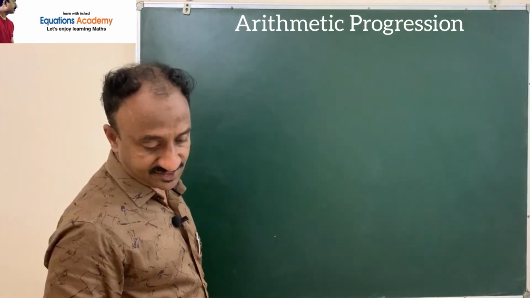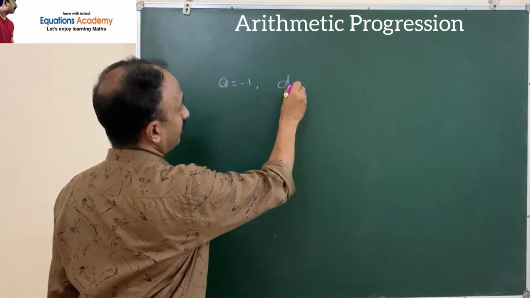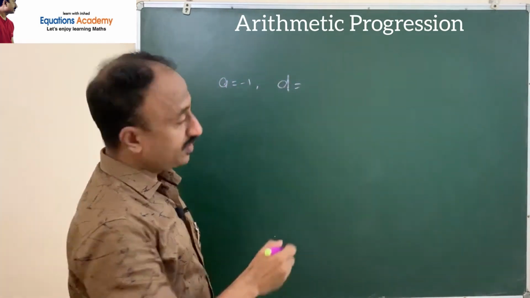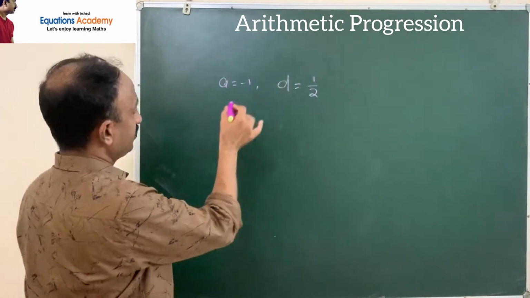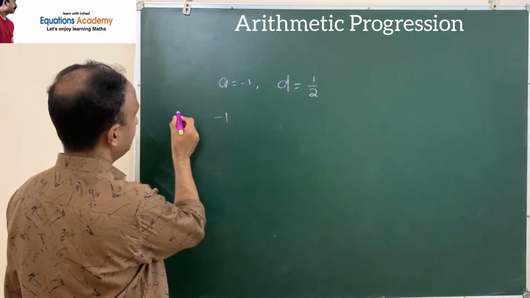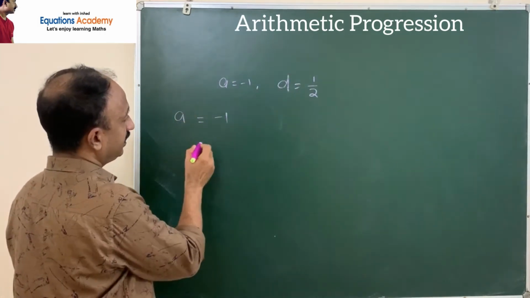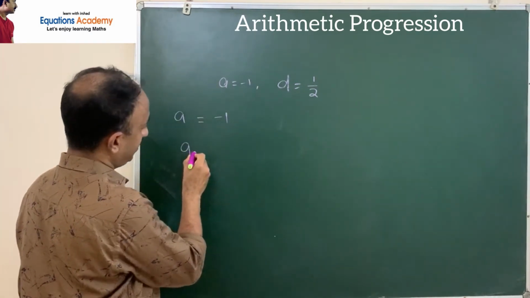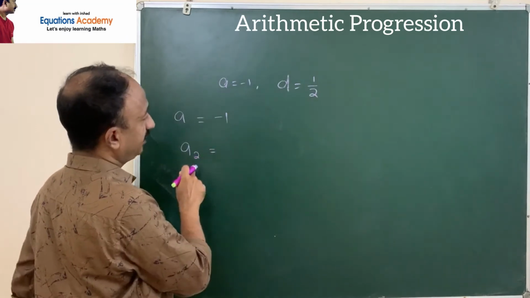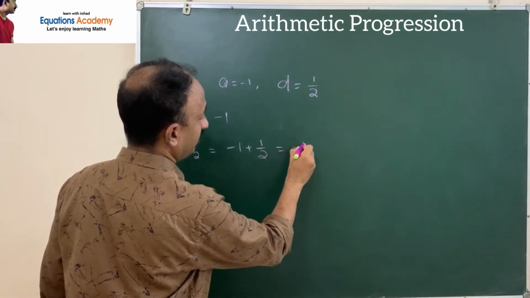The fourth one is a equal to minus 1 and common difference d equal to half, d equal to 1 by 2. So first term a is equal to minus 1, then second term a2 is equal to minus 1 plus half equal to minus half.